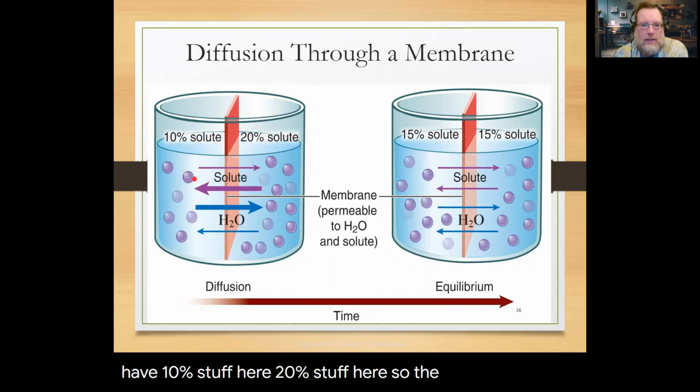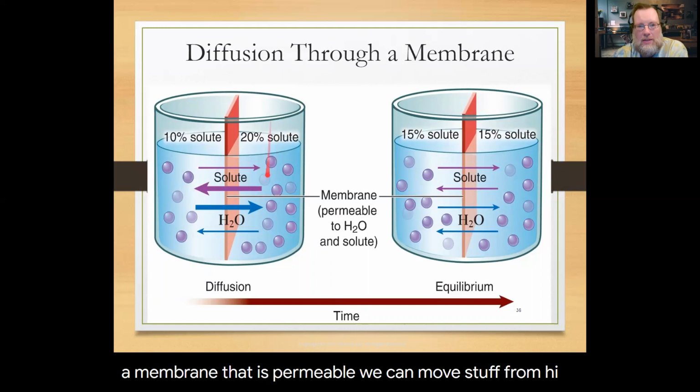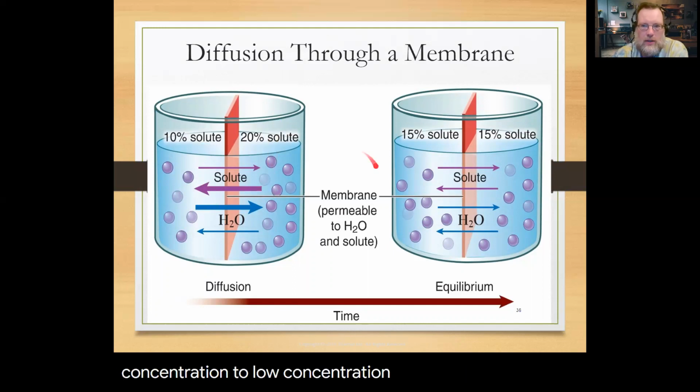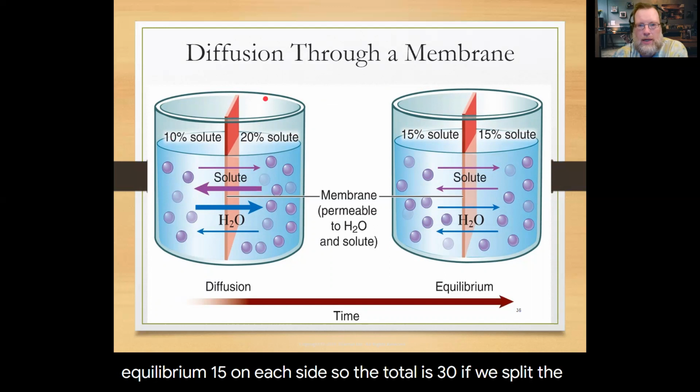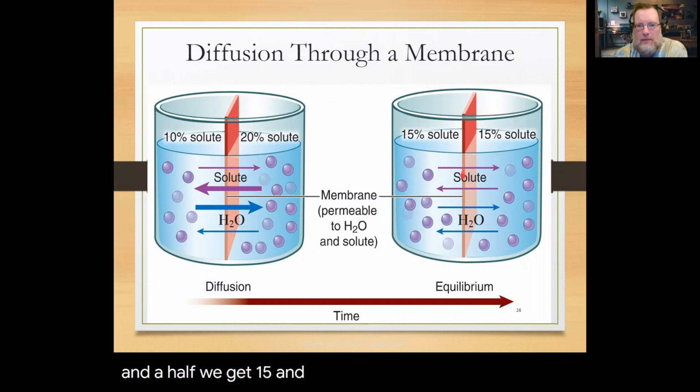If the membrane is permeable, we can move stuff from high concentration to low concentration until we get an equilibrium, 15 on each side. So the total is 30. If we split 30 in half, we get 15 and 15. That's what we see with a permeable membrane.